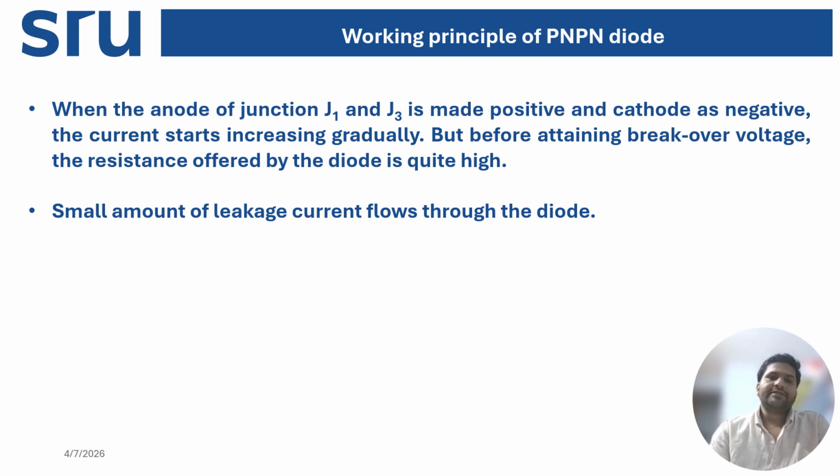So next is breakdown and triggering. Junction J2 undergoes breakdown and a sudden increase in current occurs. This is the turn-on point of the PNPN diode.